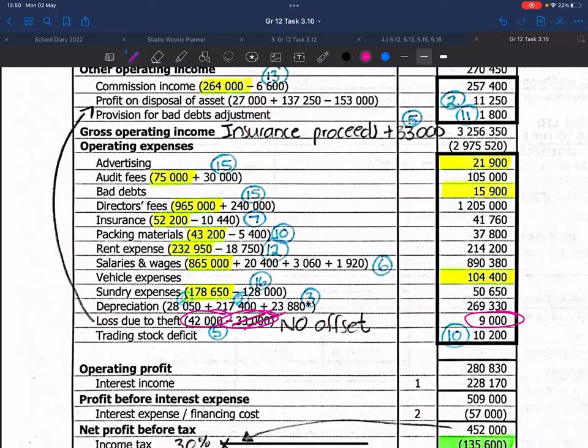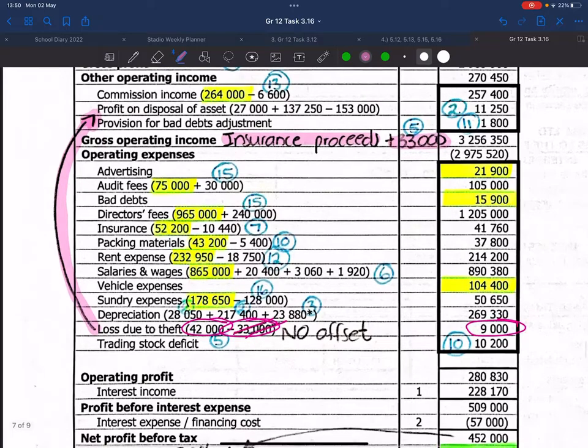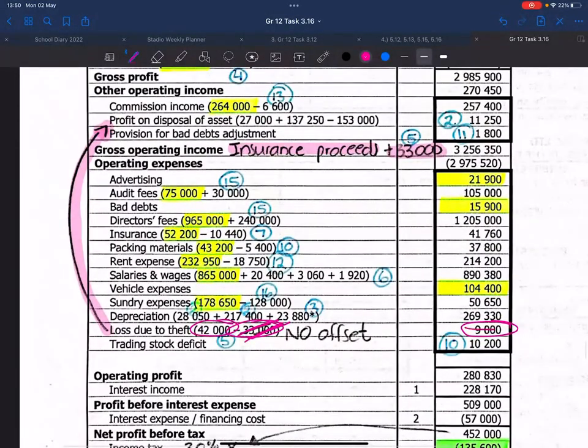The insurance proceeds is operating income, and it should go under operating income. So you should have a line item called insurance proceeds, and it should say 33,000. It shouldn't decrease the loss due to theft. You shouldn't offset income and expenses like this. So I will confirm with Mrs. Henry regarding this, but I don't think this is correct.